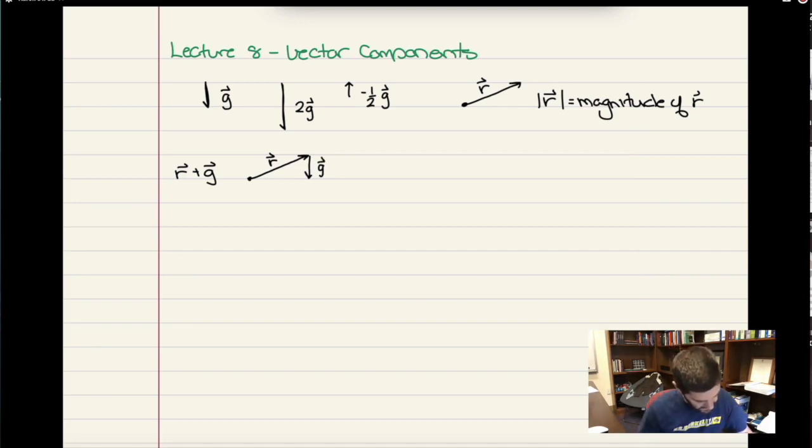And the resulting vector goes from the start of everything to the end of everything. So this would represent r plus g. In this case, overall that vector just points in the horizontal direction to the right. Even though r itself went to the right and up, but then g went back down, ultimately your net displacement, if this were a displacement, would be to the right.